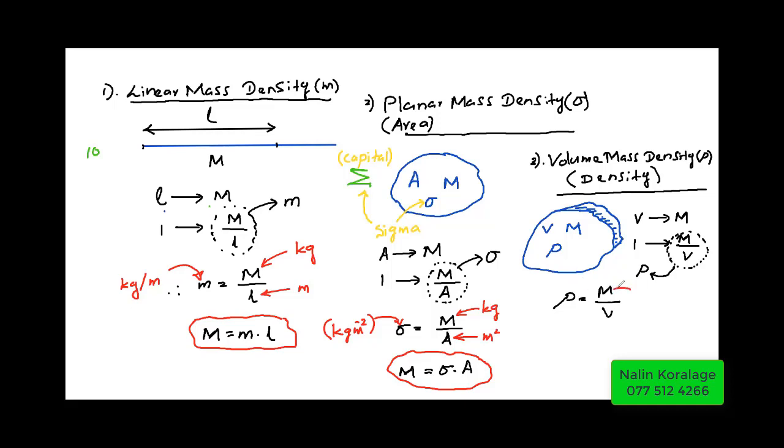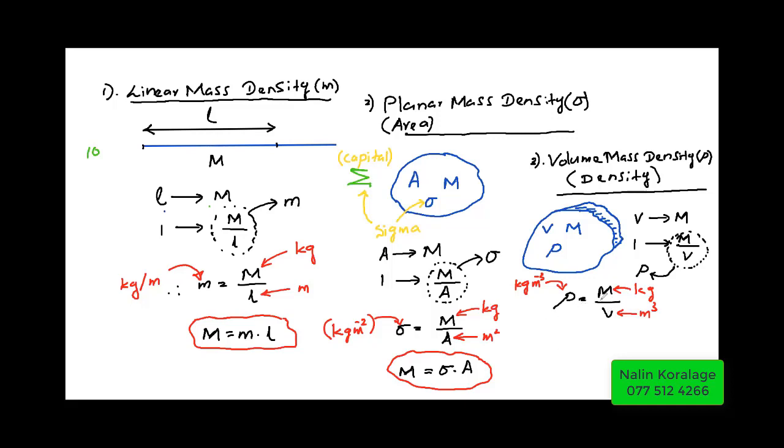Playing with the units, mass is measured in kilograms and volume is measured in meters cubed, whereas the density is measured in kilograms per cubic meter, obviously. Why? Because cubic meters comes to the denominator, so it becomes per cubic meter. Fine. So the density formula is rho equals mass over volume. Let's say density from now onwards. Density is equal to mass over volume is completely fine with you.